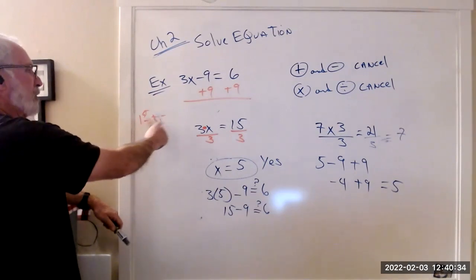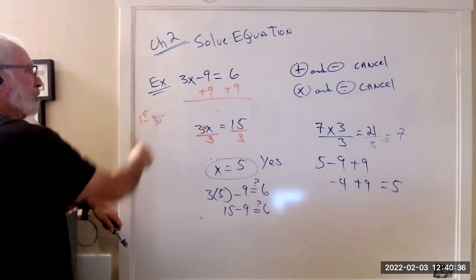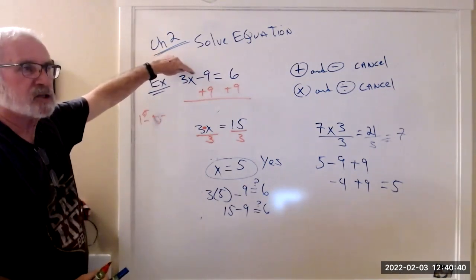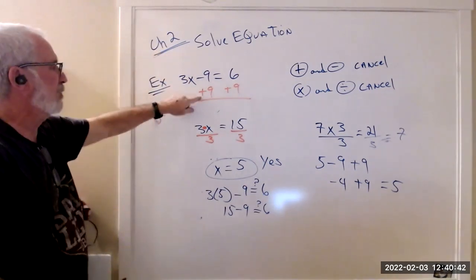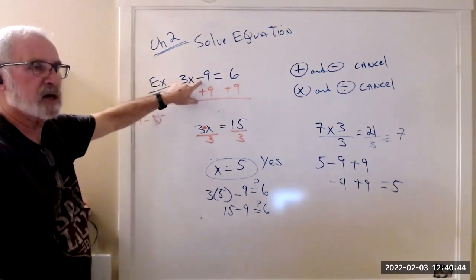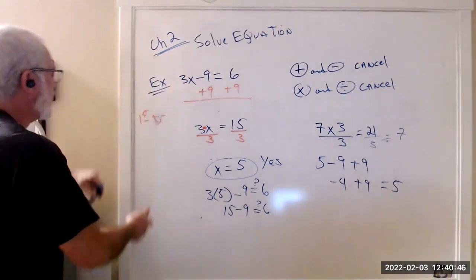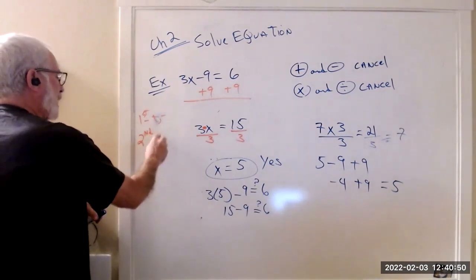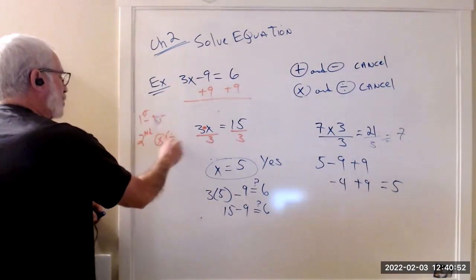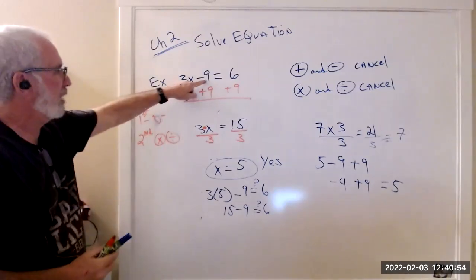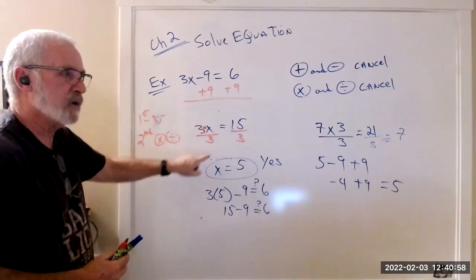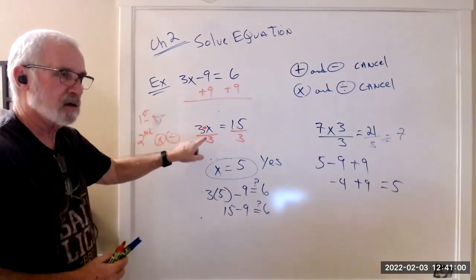Notice here, in most equations, the first thing we attack is any pluses and minuses. We go after them first. Like here, I had a -9 with the x, so I attacked it first. I got rid of the -9 with a +9. The second thing we attack was the multiplication or the division. So after I got rid of the -9, then I got rid of the multiply by 3.